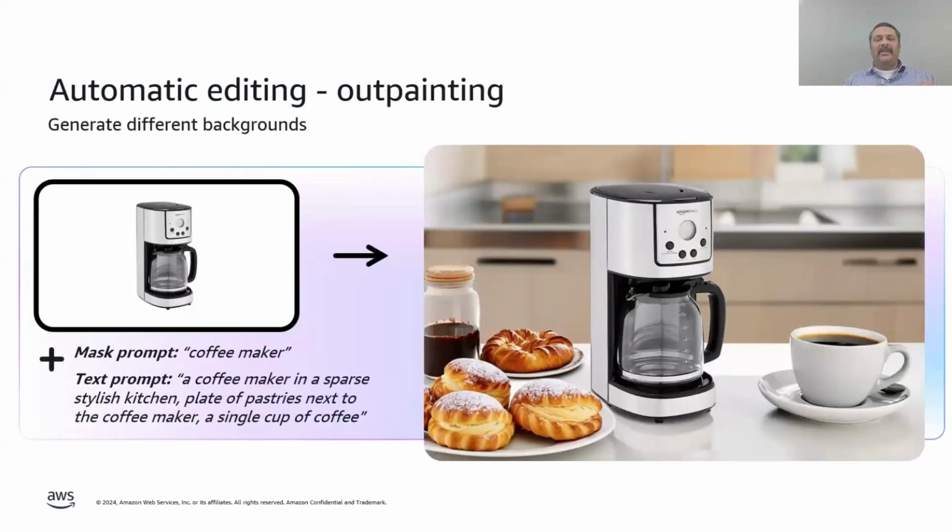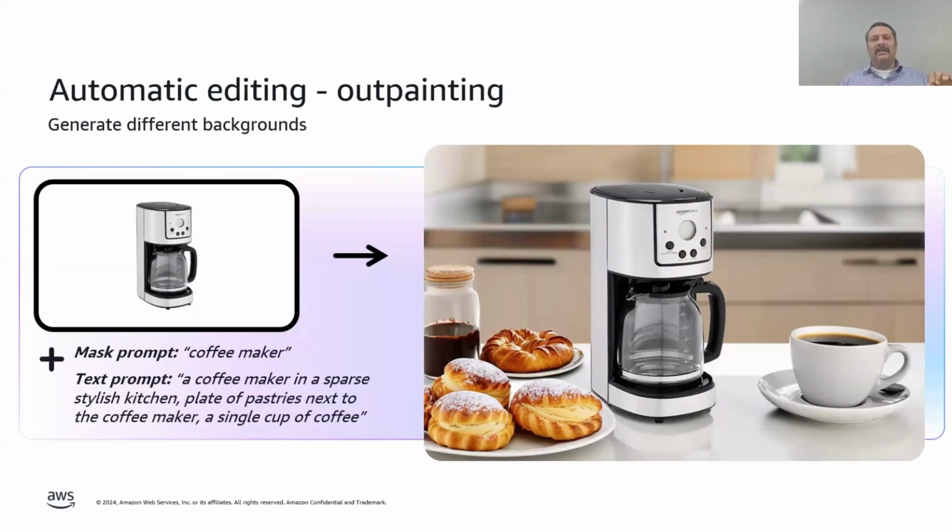Outpainting is another feature that allows users to expand the image beyond its original boundaries, adding new elements, new backgrounds, and context while maintaining the coherence and style. So in this example, there is a coffee maker image with a white background.